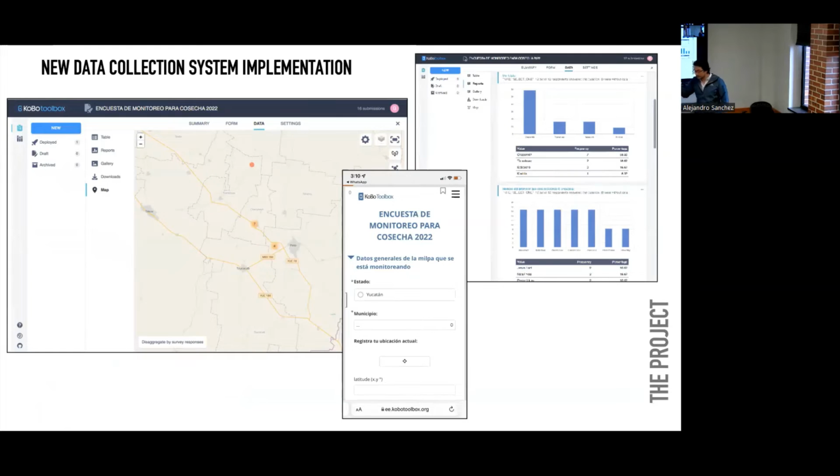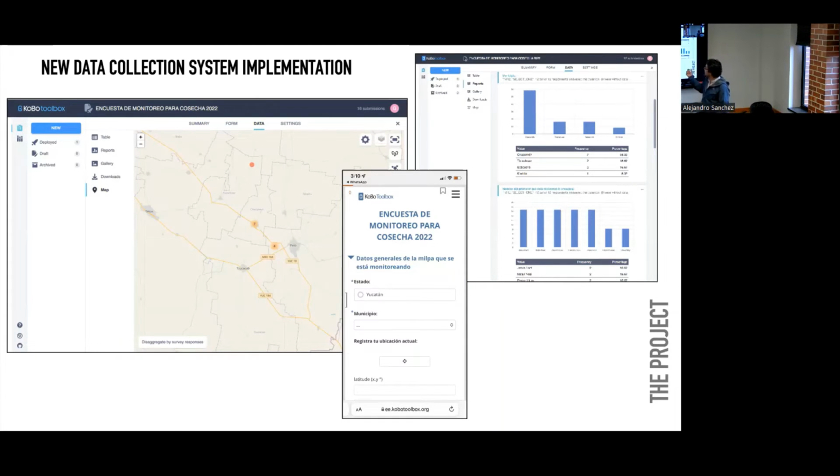This is basically a survey that every extension agent can have on their phones, because most of them have smartphones, and they can fill it out in the field. COBOL toolbox allows all the extension agents to fill out the form even if they don't have internet, and as soon as they have internet, all the data goes to the cloud.